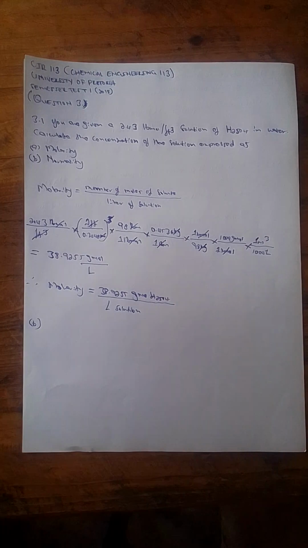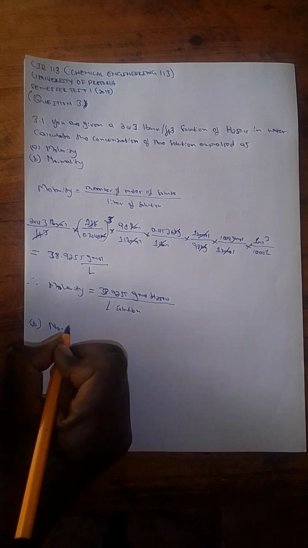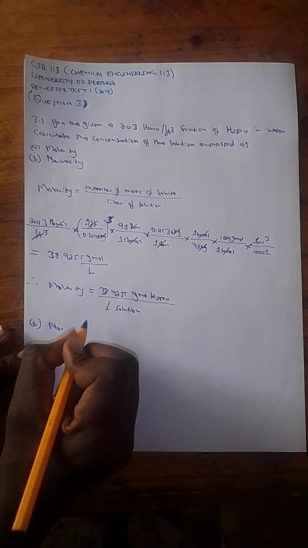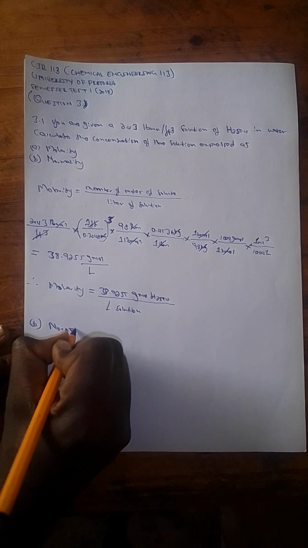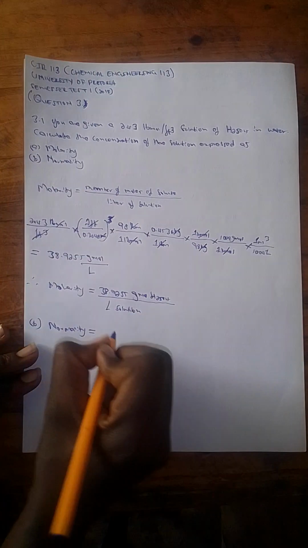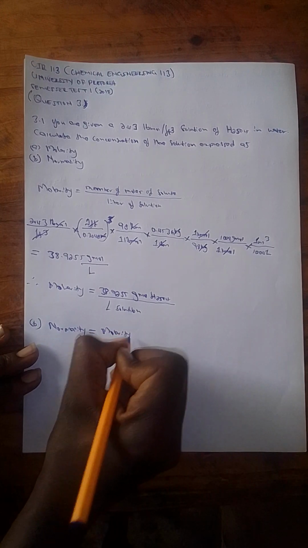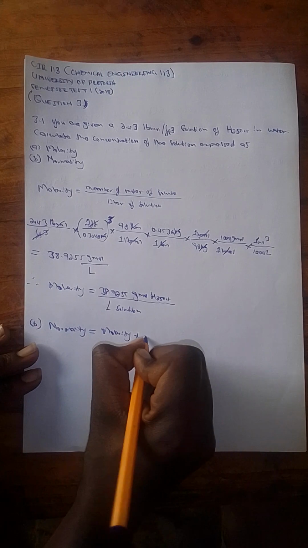Question B says calculate the normality. The equation for calculating the normality, especially when we have the molarity, is very easy. Normality is equal to the molarity multiplied by the n factor.